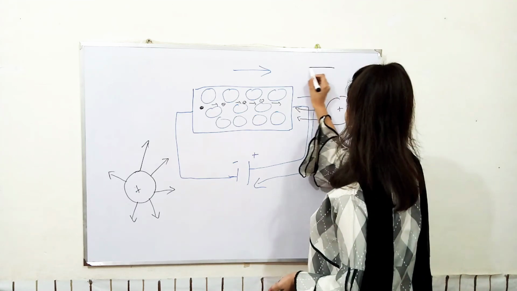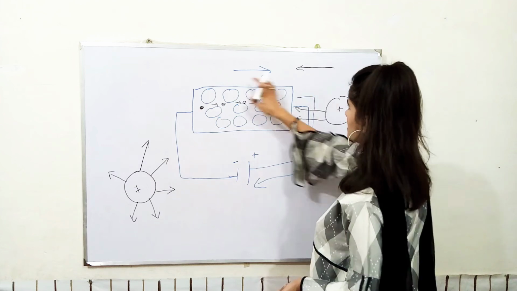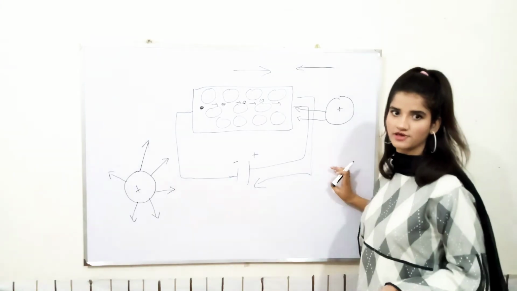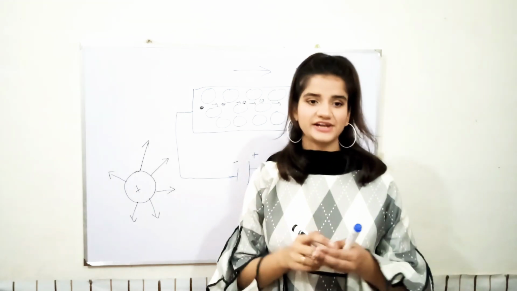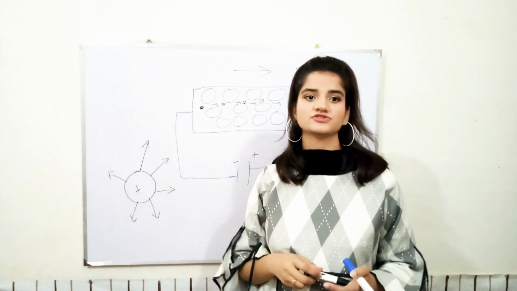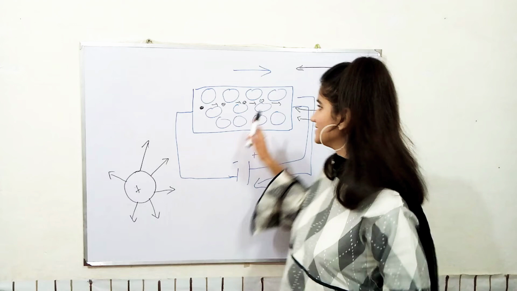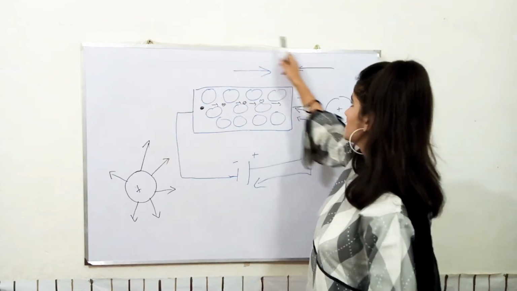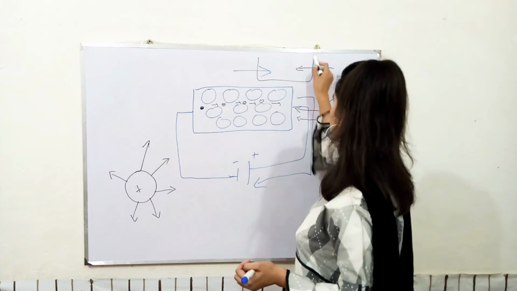So this is the direction for electric field and this is the direction for the movement of electrons. This is how the direction of electrons is opposite to that electric field.